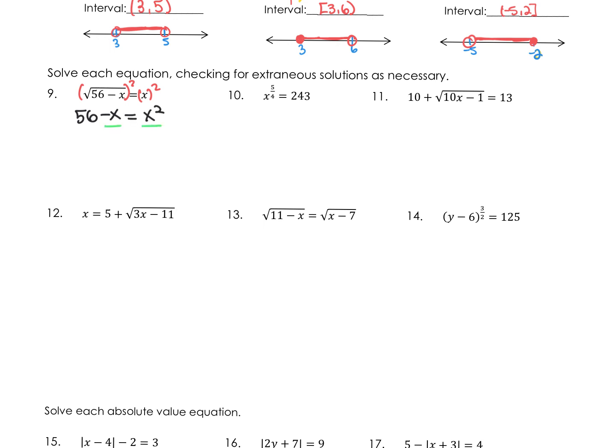Because I have an x squared and an x, I'm going to have to move everything to this side where the x squared is. So I will add x, so I'll have x squared. I'll add x and then subtract 56, and I'll have a 0 over here.